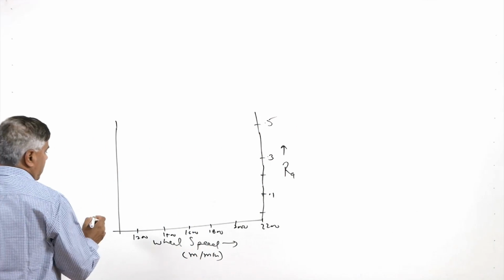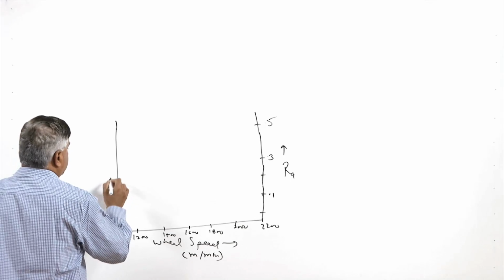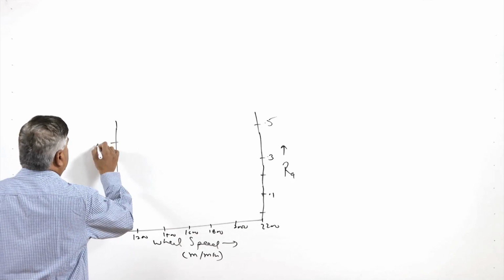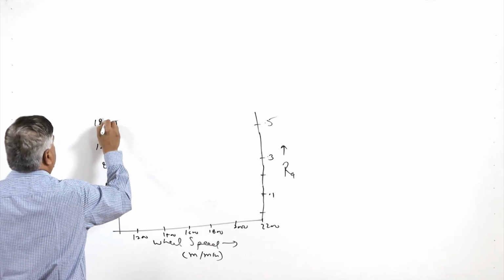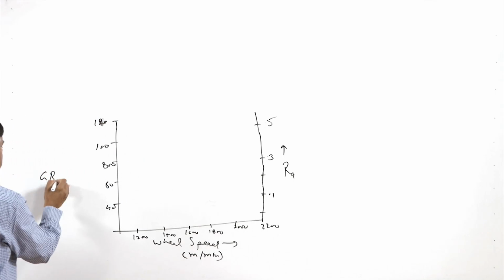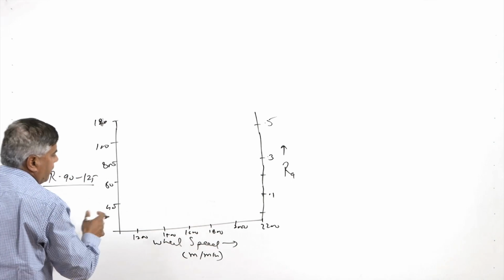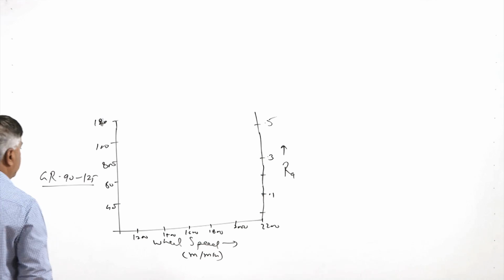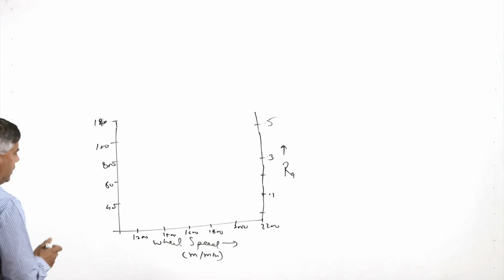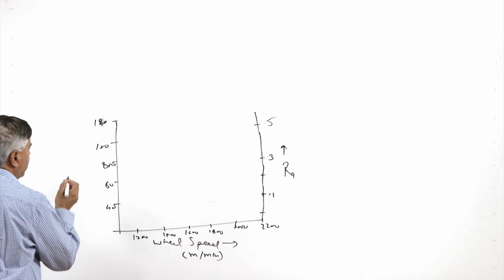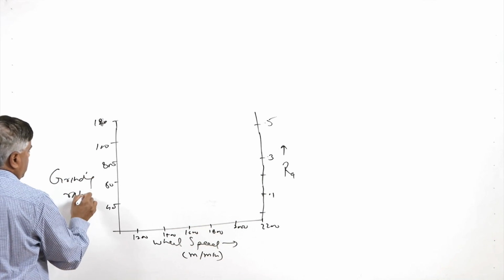On the other hand, the grinding ratio is 40, 60, 80, 100, 120. It's common to have a grinding ratio in the range of say 90 to 125, but it will be further influenced by a number of other parameters related to the grinding. So in the y axis we are showing the grinding ratio.